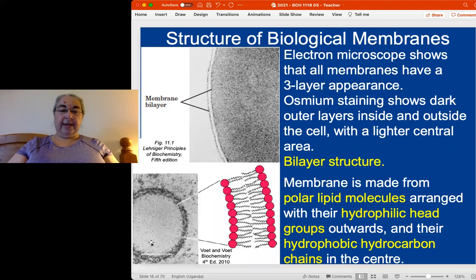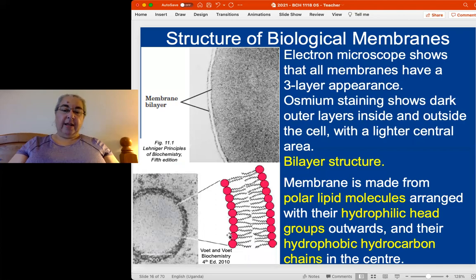Here is another picture showing the same sort of thing, along with an interpretation of what we're seeing. This is an electron micrograph of a lipid vesicle, a small sphere of lipid, and this is an interpretation of the way that the molecules are lined up.